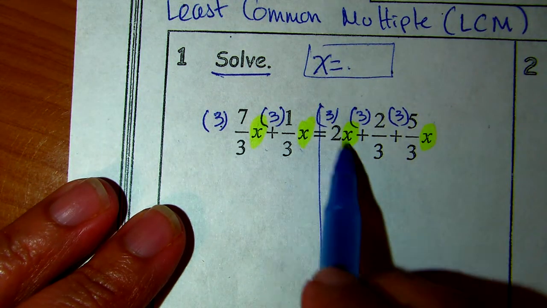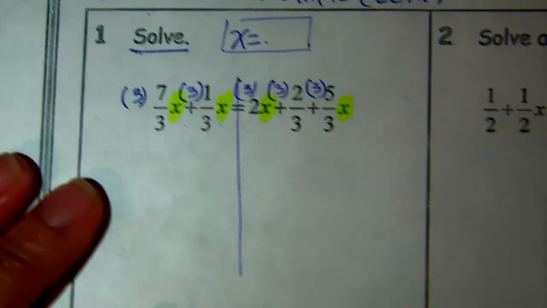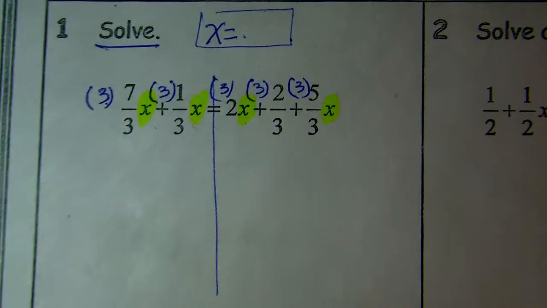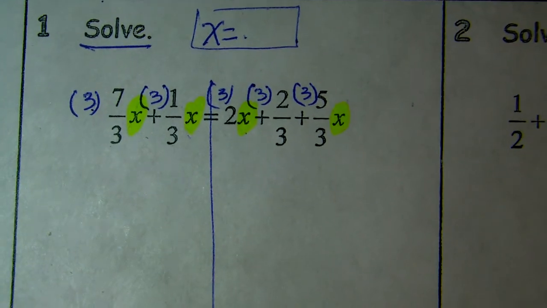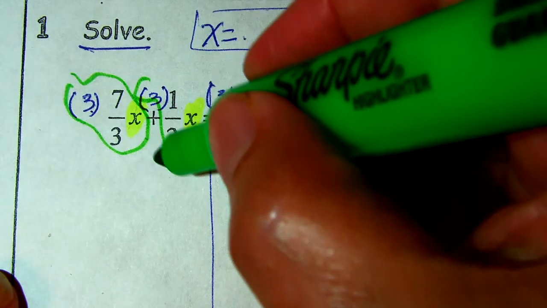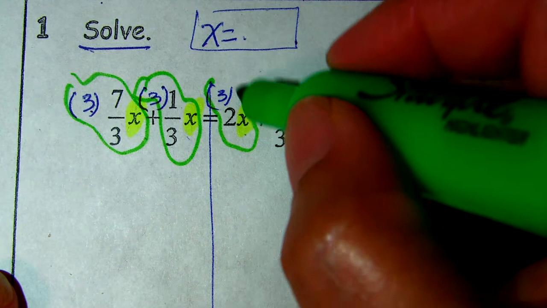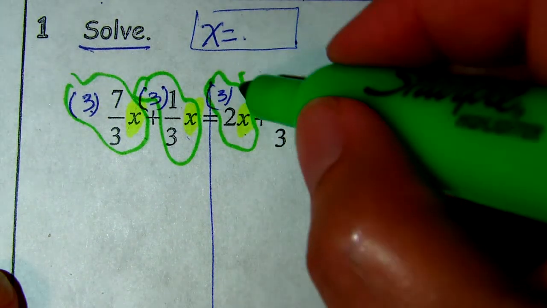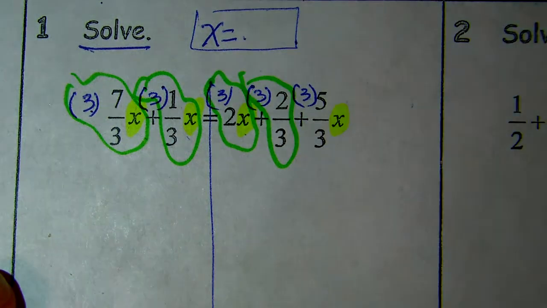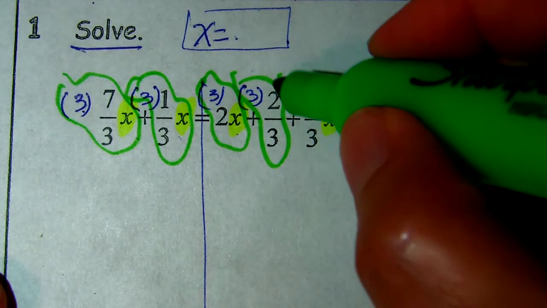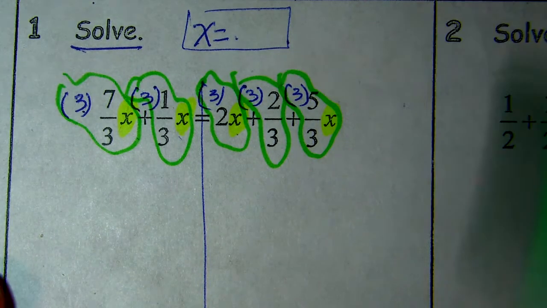Each of these is going to be multiplied by 3. I'm going to use the green highlighter. This one is being multiplied by 3. This one, this one, this term right here, and this one also multiplied by 3.